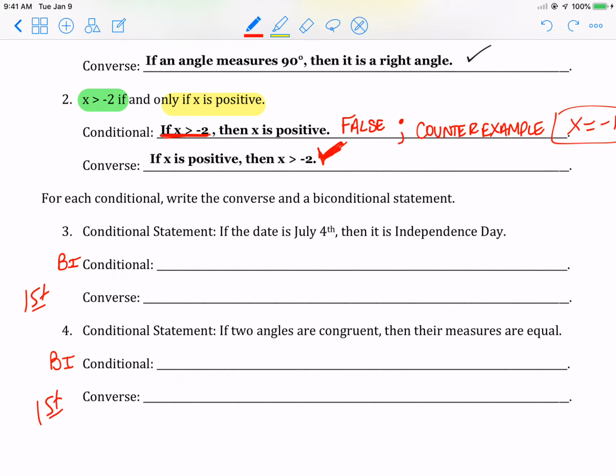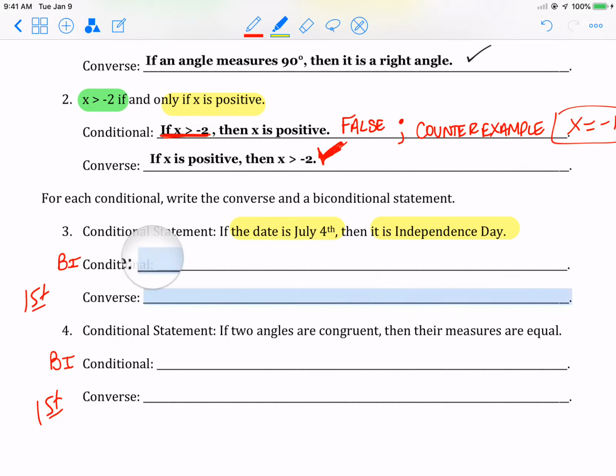So let's see what happens. Our conditional statement: if the date is July 4th, so there's my hypothesis, the date is July 4th, then it is Independence Day. My conclusion, it is Independence Day.